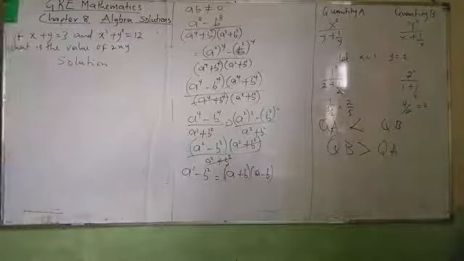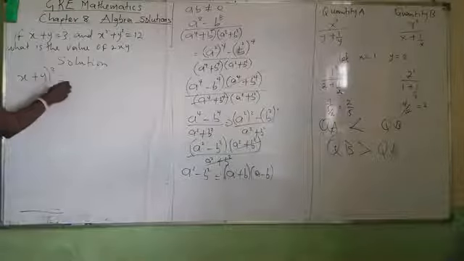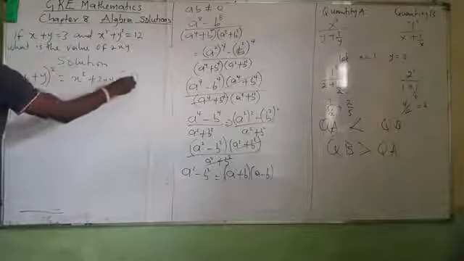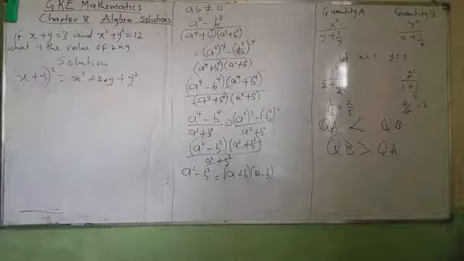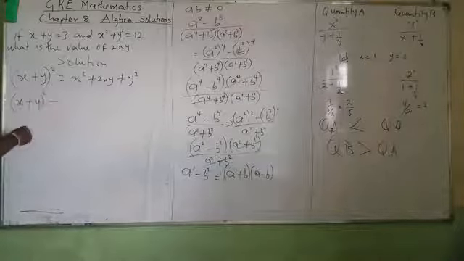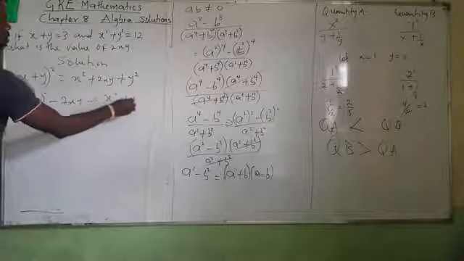But if not, don't forget that (x plus y) squared equals x squared plus 2xy plus y squared. This is where I can only come from. So (x plus y) squared minus 2xy equals x squared plus y squared.